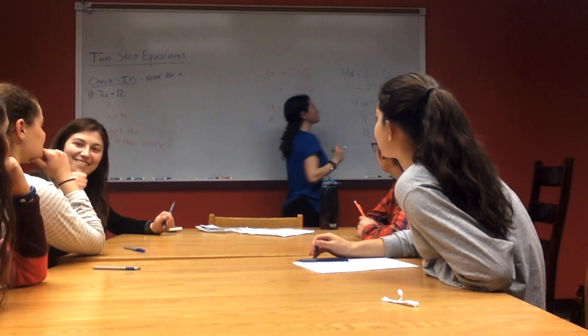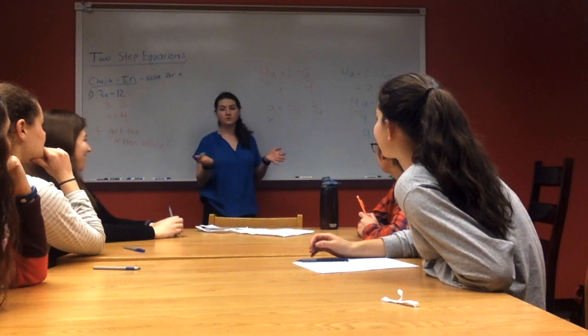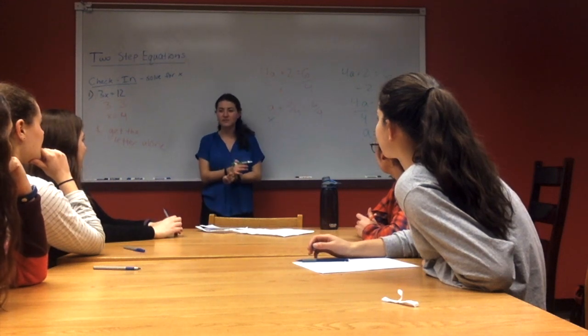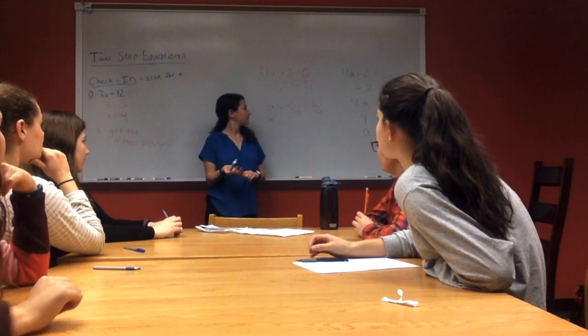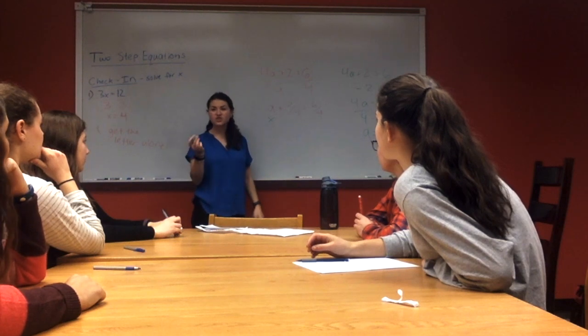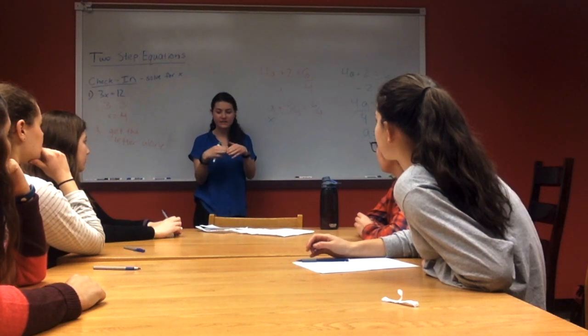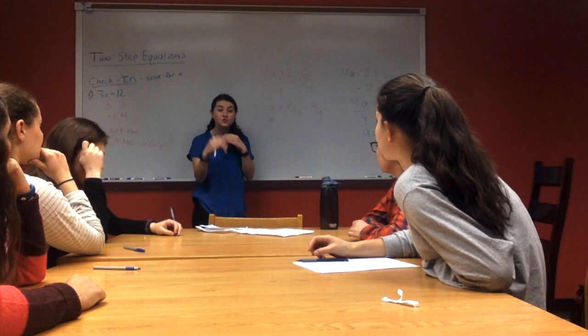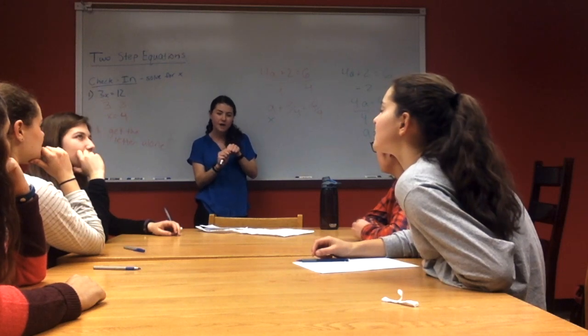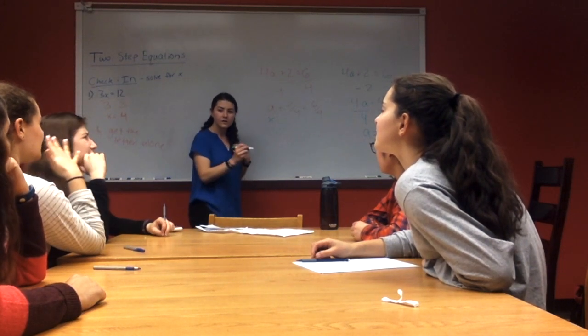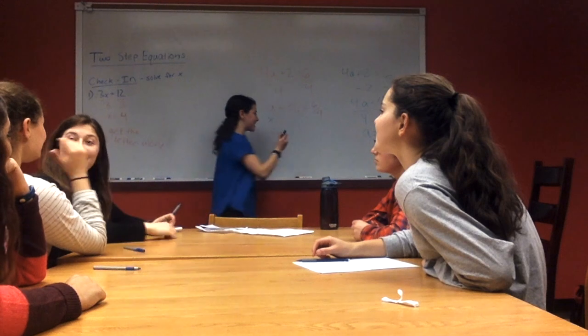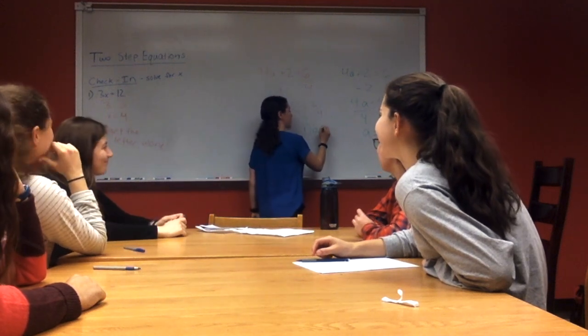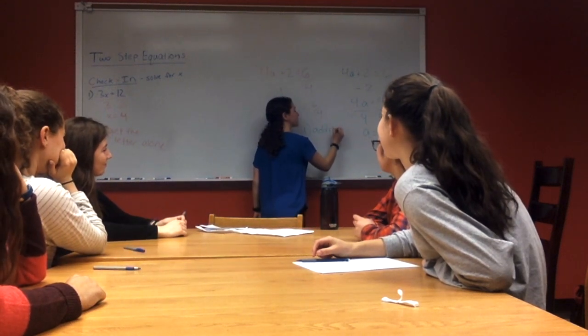Nice. Now just as a general rule when we're solving two-step equations, what was the first step that we did? Subtracted 2, right? We undid the addition. Does anyone remember what the word is when you're undoing addition? It starts with an I. We talked about it a couple days ago. Inverse. Good job, Jillian. So first we have to apply the additive inverse. And then what did we do after that?